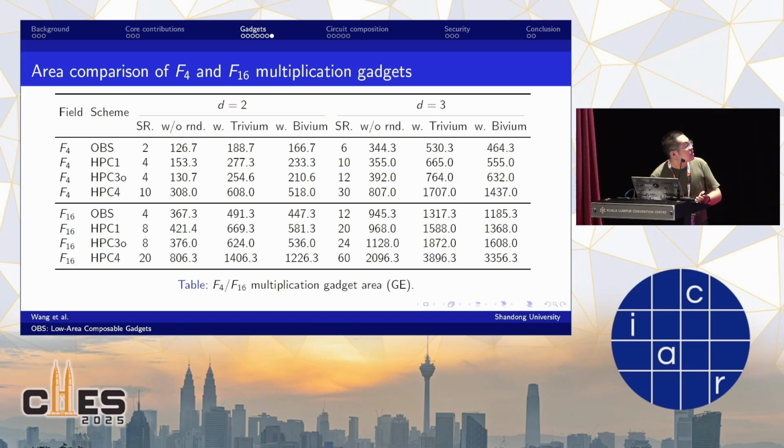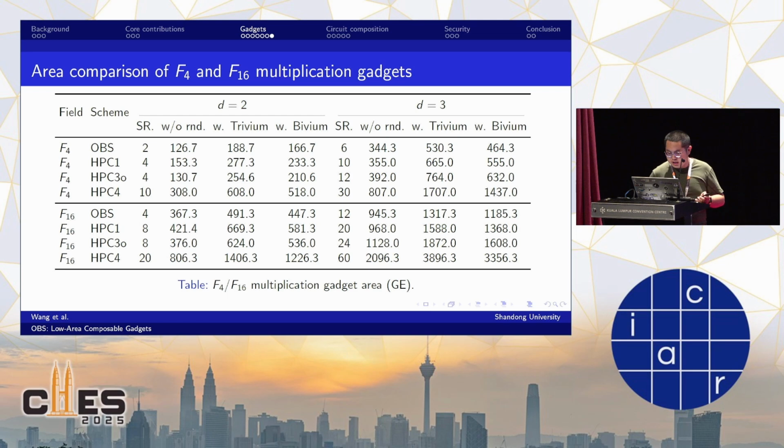The next is the area comparison of the Boolean extended field. Because HPC2 and its variants do not count toward the field extension, we only compared with HPC1, HPC3, and HPC4.